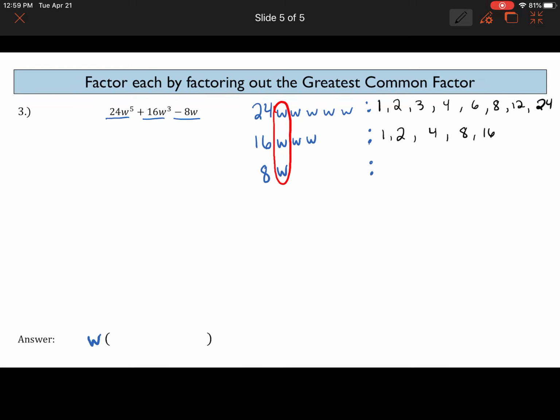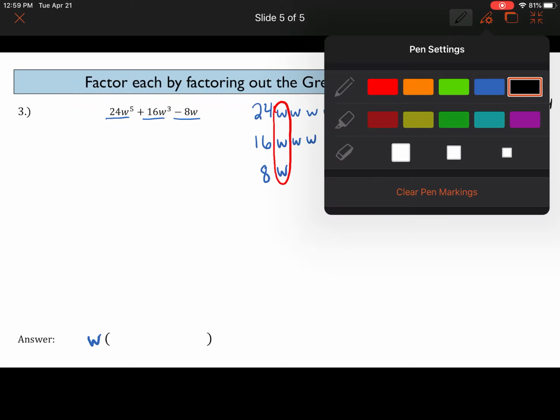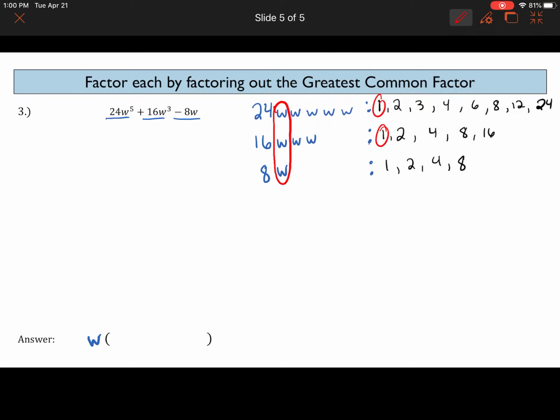You only have to put 4 once. And 8, I have 1 times 8 gives me 8, 2 times 4 gives me 8, and that's it. So my common factors, 1s, 2s, 4s, 8s, and that's it. So 8 is my greatest number there. So that goes into my GCF.